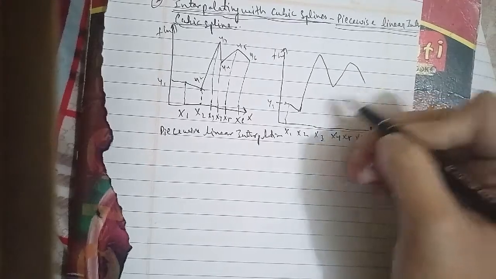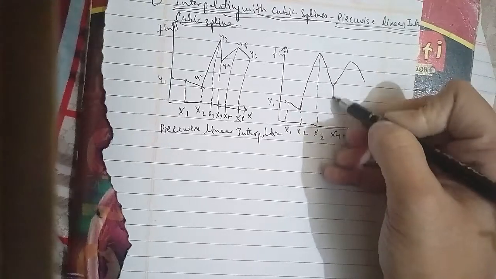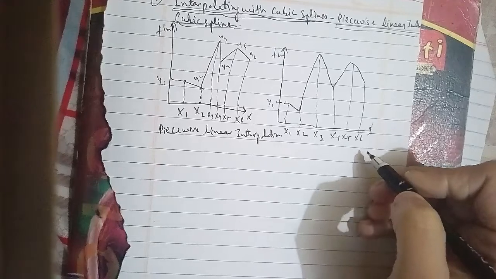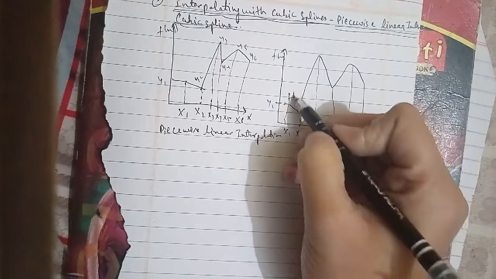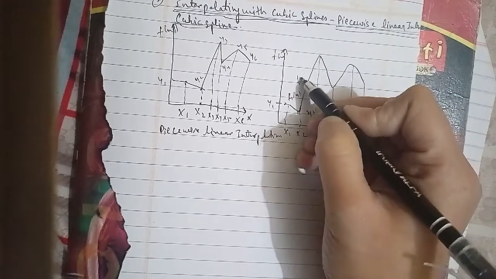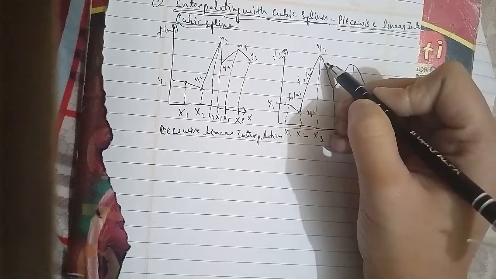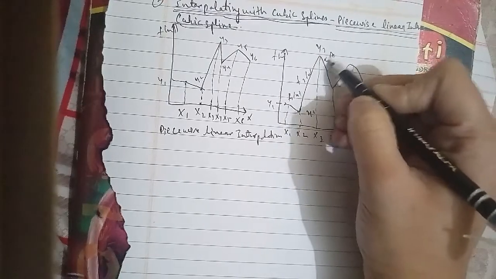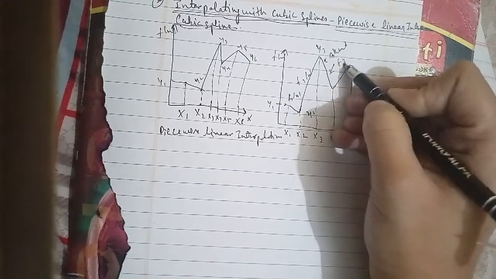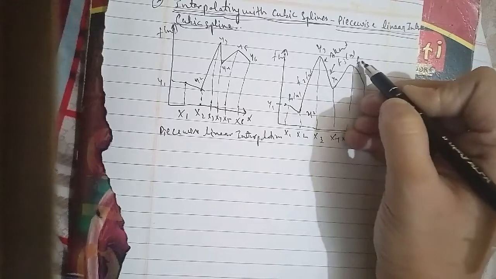This is your f1(x), this is y2, this is f2(x), this is y3, you can see this, and this is your f3(x), this is y4, this is y5, f4(x), and this is f5(x), this is y6.